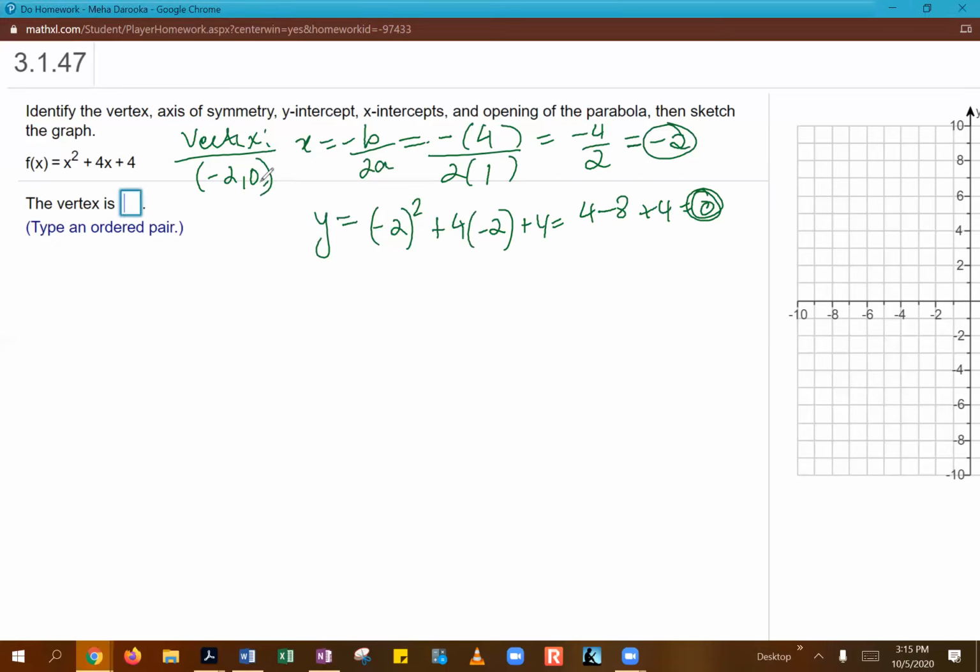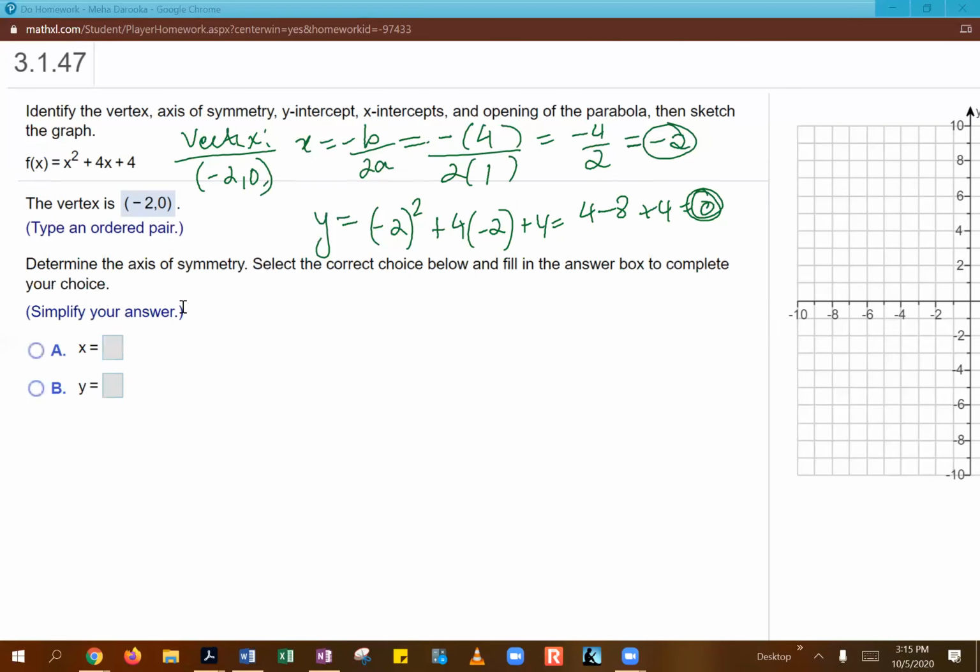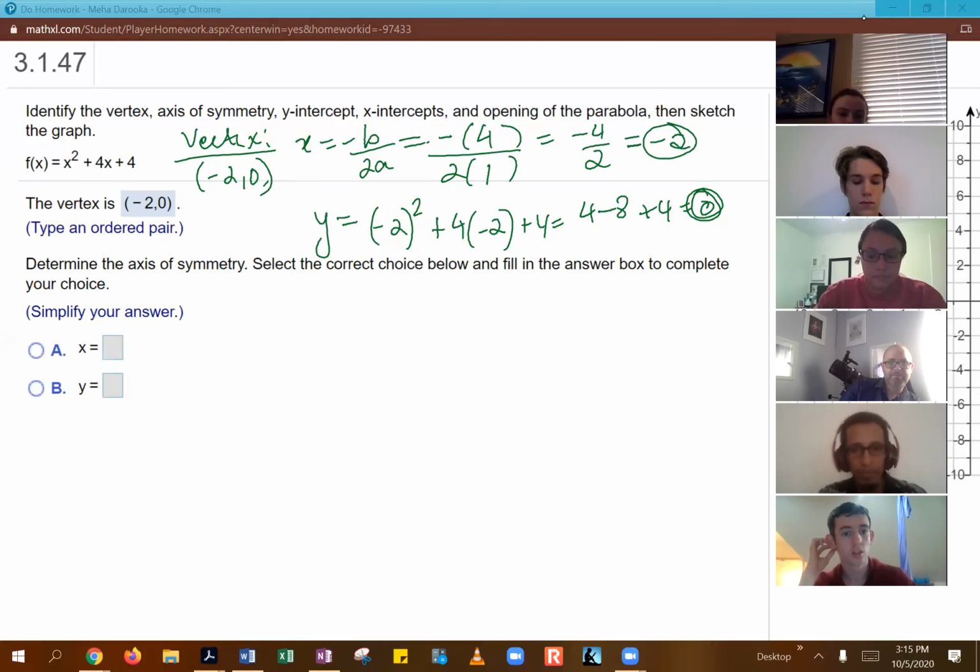So let's put that in. Alrighty, can you tell me what our axis of symmetry is going to be? Is it going to be part A or part B to begin with? Because remember, it's got to be an equation.